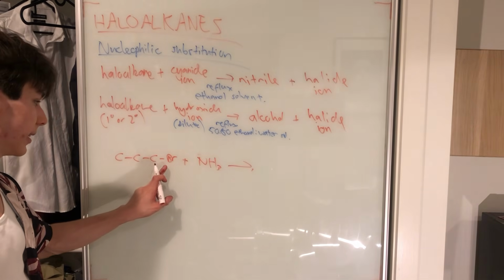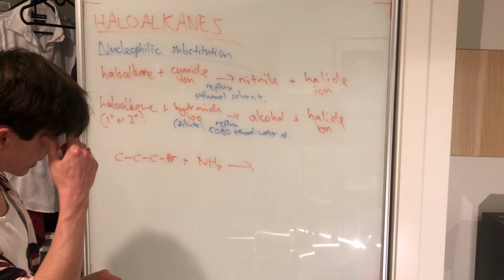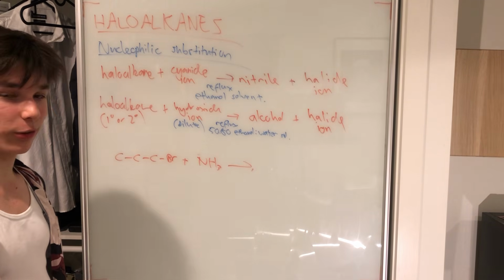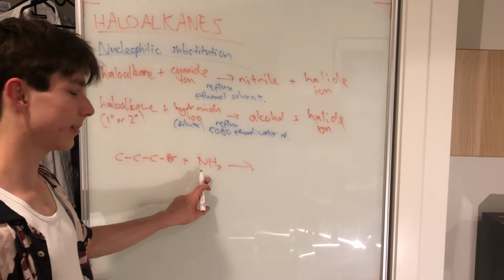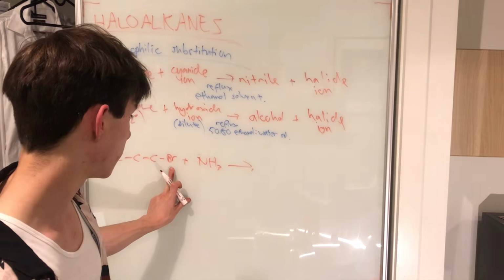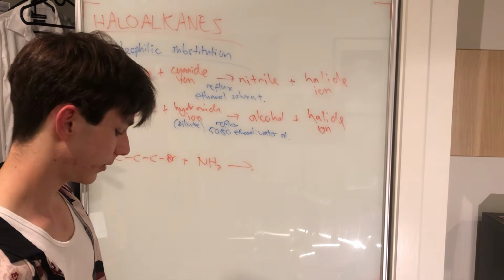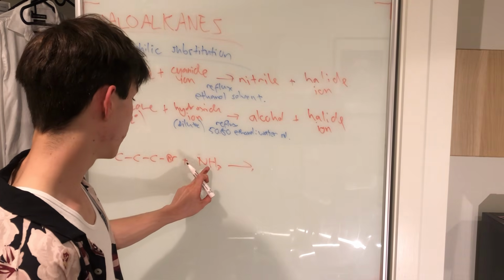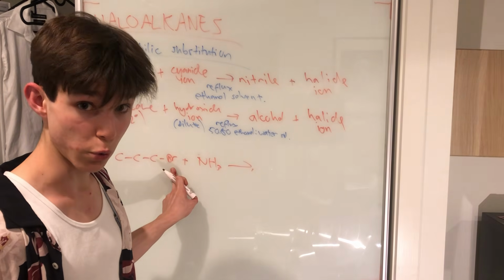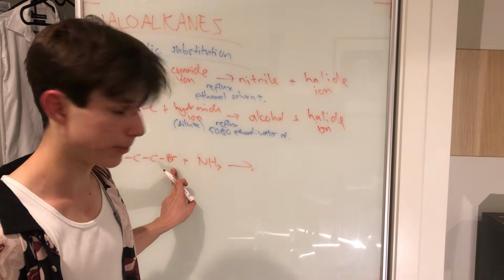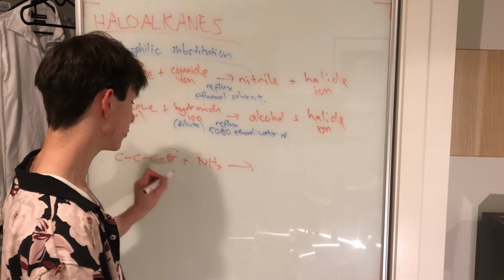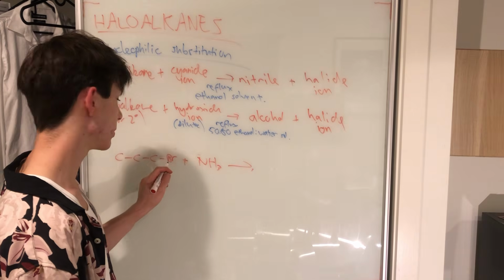Well, if this thing's getting substituted for this, we would get CCCNH3. But that doesn't make sense, because nitrogen only forms 4 bonds. And what's this guy going to form a bond with? So really what happens is we get CCCNH2, we remove one of the hydrogen atoms to make room for the bond, and that leftover hydrogen atom forms a bond with bromine.